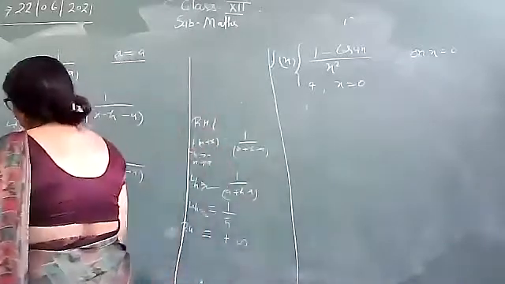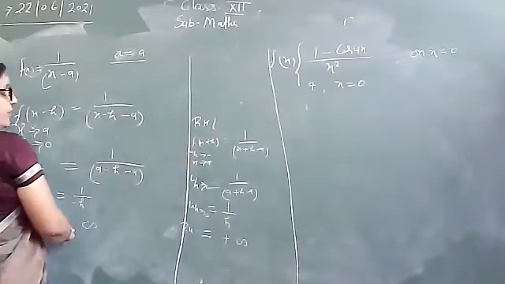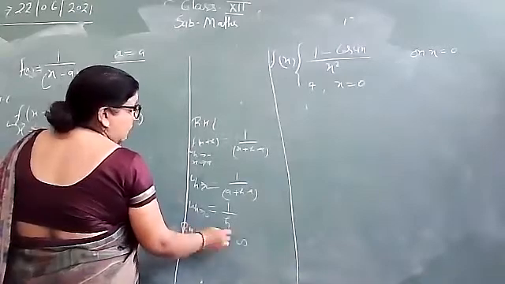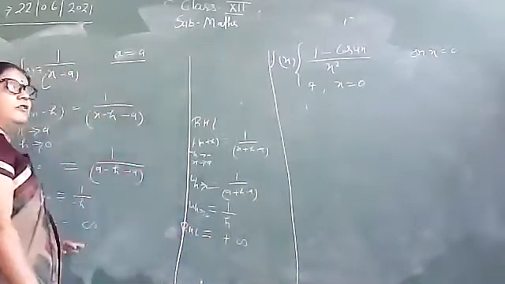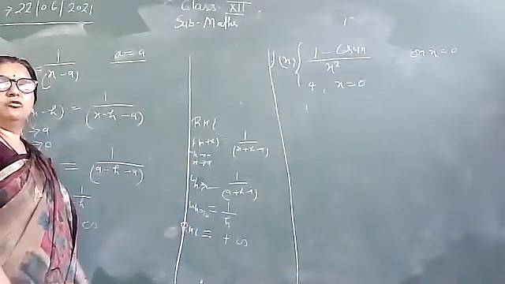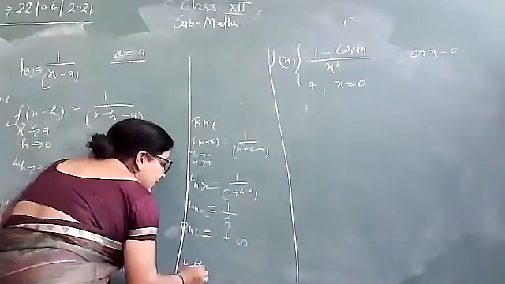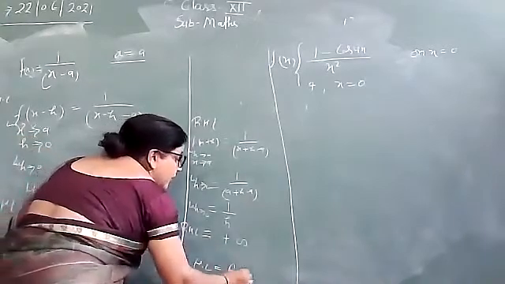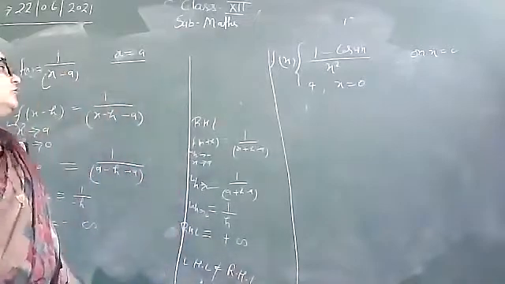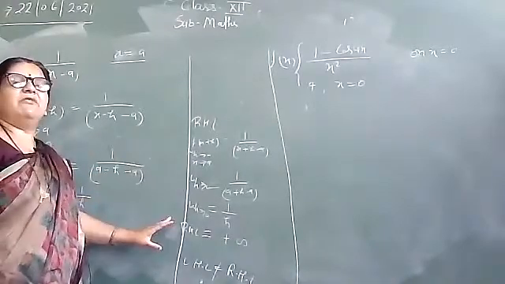So we saw here LHL is minus infinity and RHL is plus infinity. That means these are not equal. When the limits are not equal, the function is discontinuous. So I can't find out f(x). Here we write LHL not equal to RHL, so the function is discontinuous. If LHL and RHL are equal, then we find out f(x).